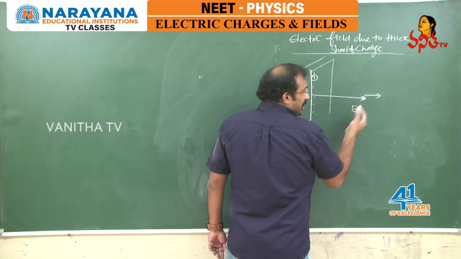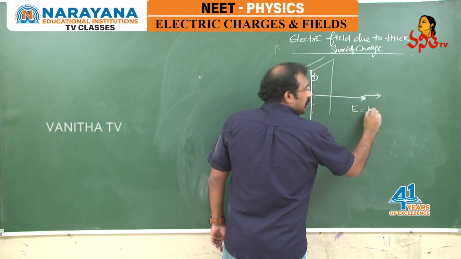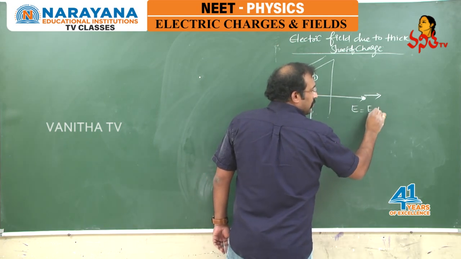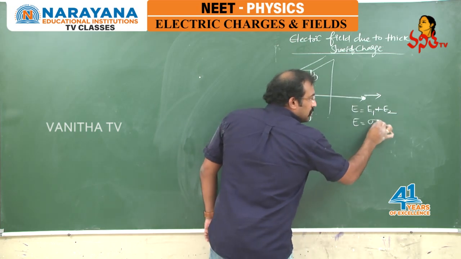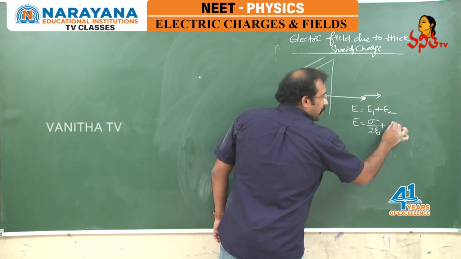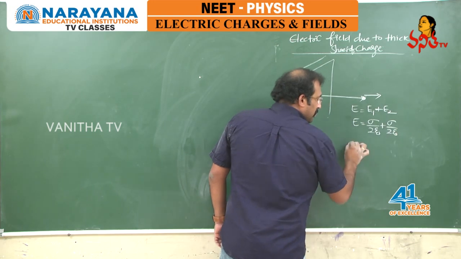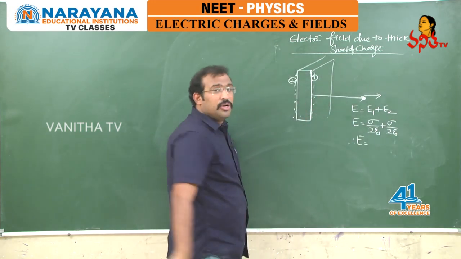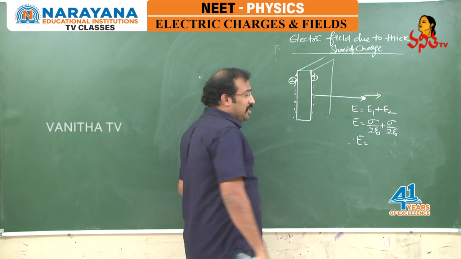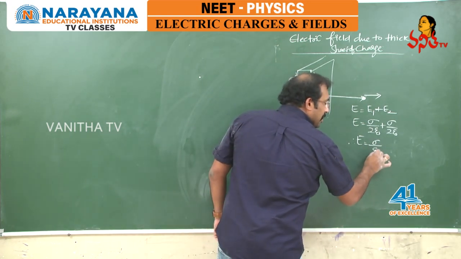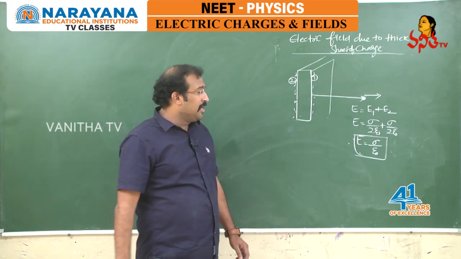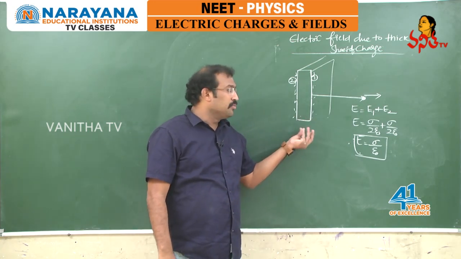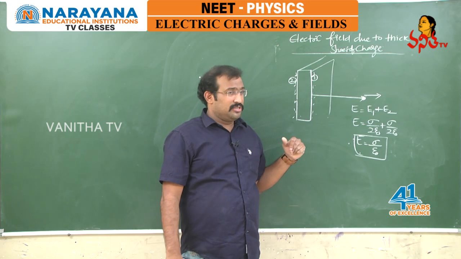So I can write the net electric field E is equal to E1 plus E2. Therefore E is equal to sigma by 2 epsilon naught plus sigma by 2 epsilon naught. Therefore the net electric field due to a thick sheet of charge can be written as sigma by epsilon naught. So this is the way that we can find the electric field due to a thick sheet of charge.